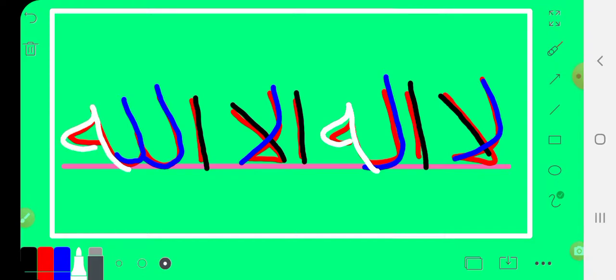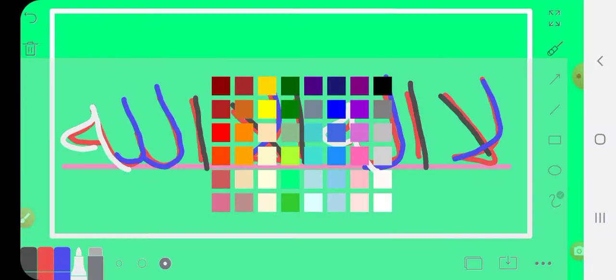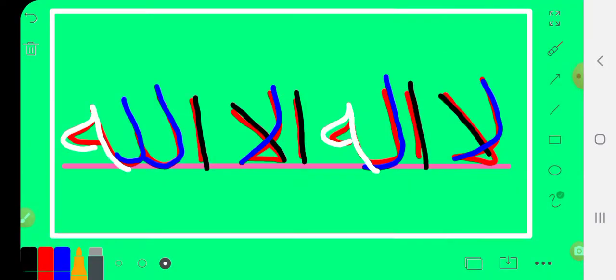Okay, so those are the three letters, right? We repeat again. First letter we looked at was the alif, and that's 1, 2, 3, and then 2, that's an angle. So there's 5 alifs.